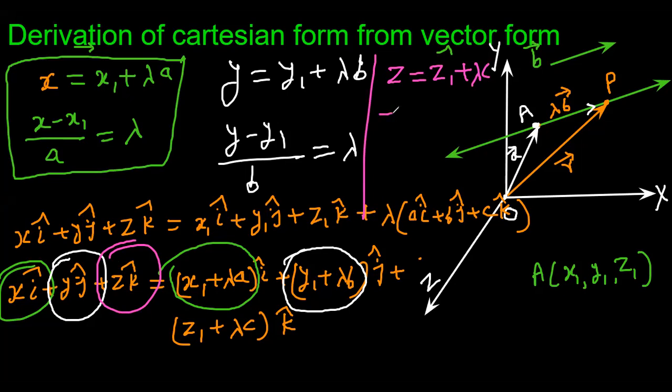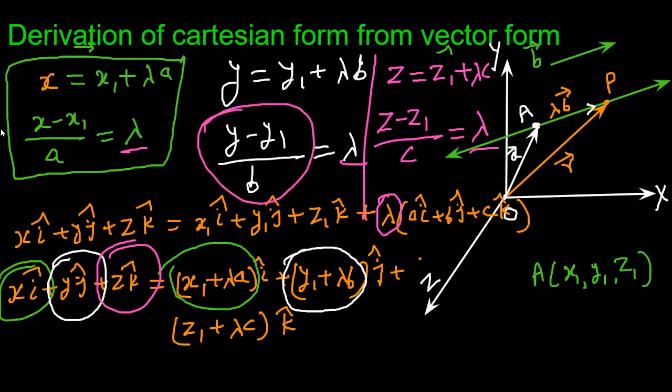That will give us the value of z minus z1 over c is equal to lambda. You see that lambda is the same constant that we used here. The value of lambda is equal. So that means, can we group them together? Can we write x minus x1 over a, y minus y1 over b? This, this, and this are equal.